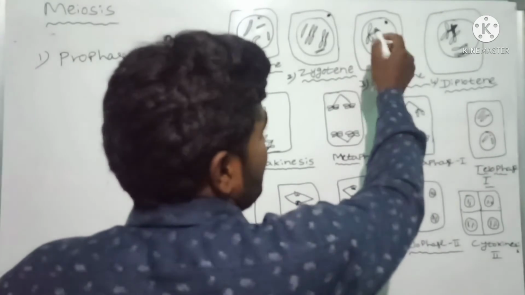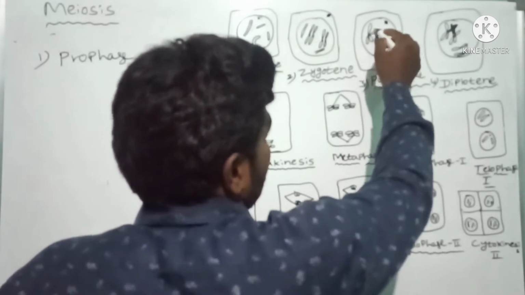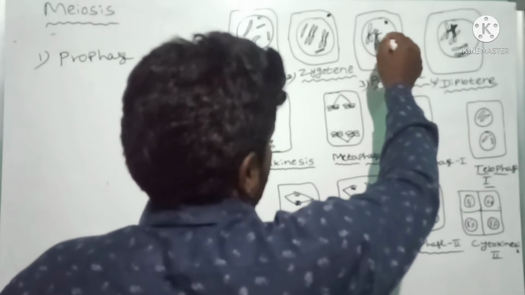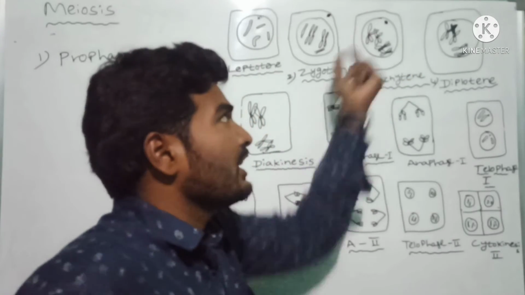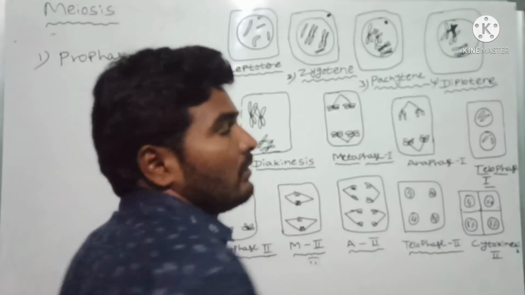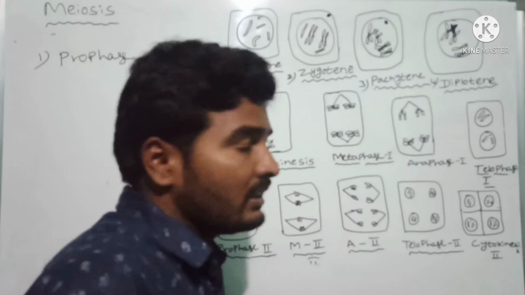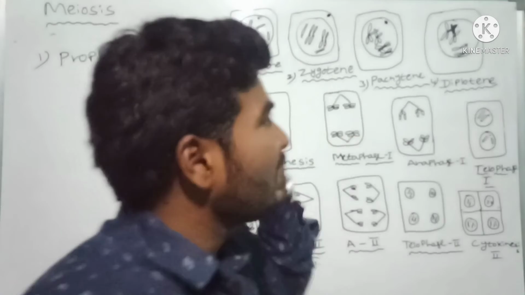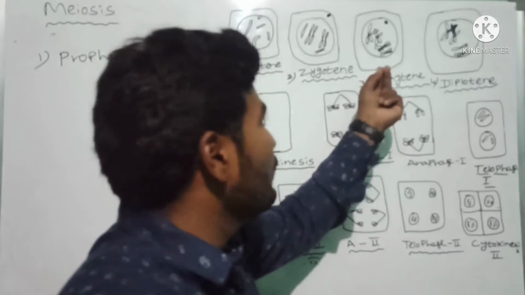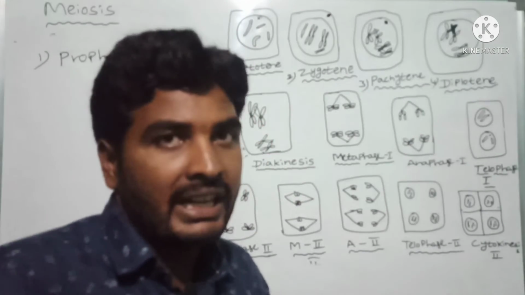These 2 chromosomes have how many chromatids? 4 chromatids. Bivalent appears as a tetrad. Tetrad means 4 chromatids. So the bivalent tetrads are clearly visible in the pachytene stage.